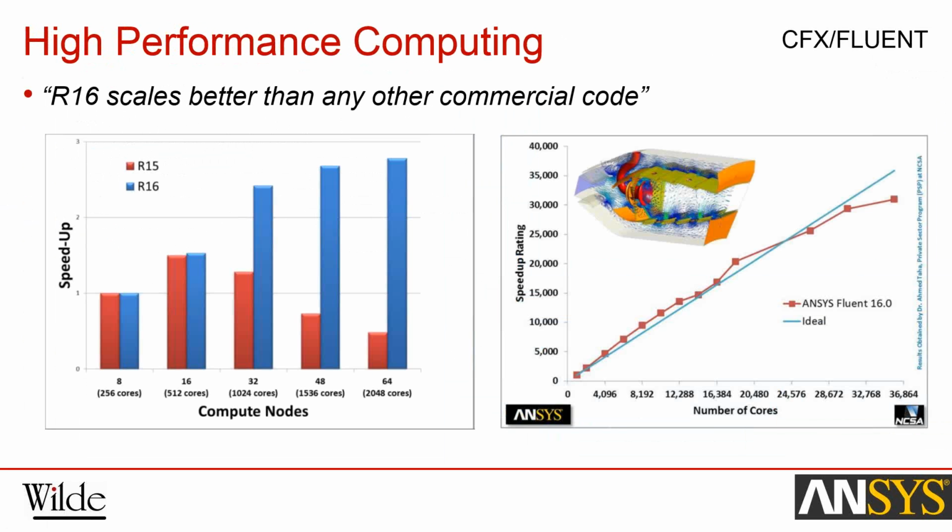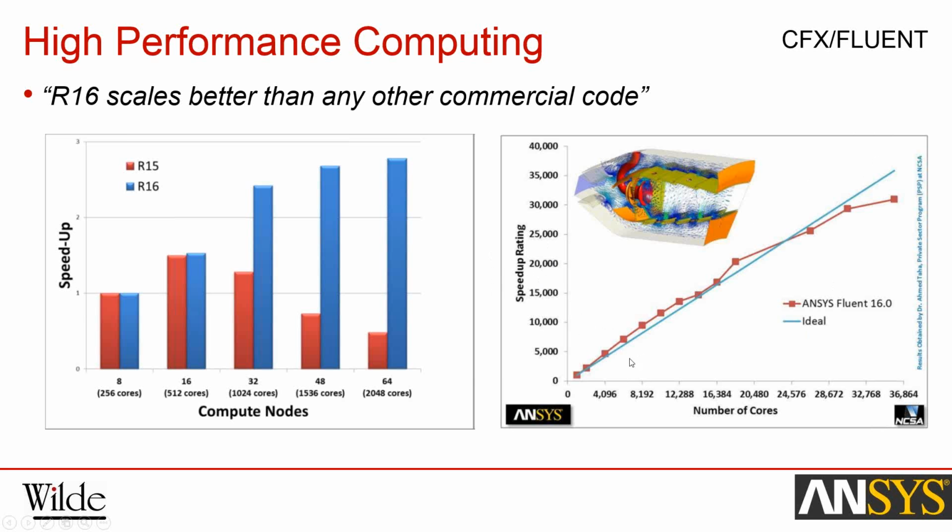Okay, in terms of getting things done faster, the quote that I've got on the screen comes directly from ANSYS, and ANSYS are confident that R16 scales better than any other commercial code. If you look at Fluent on the right-hand side, the blue line is the theoretical line that shows how, as you increase the number of cores, your analysis should speed up, and it's a linear trend.